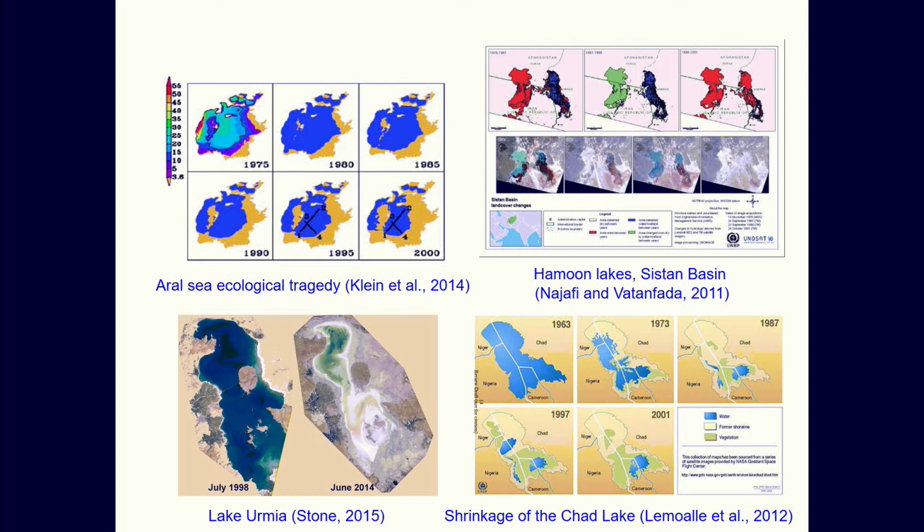Just 10 years ago, the area was still 6,000 square kilometers, but now, in the year of 2015, it was just 100 square kilometers. It has had a little bit of recovery in the last 2 years. And even to the west, we can see a very significant shrinking of Lake Chad on the African continent.